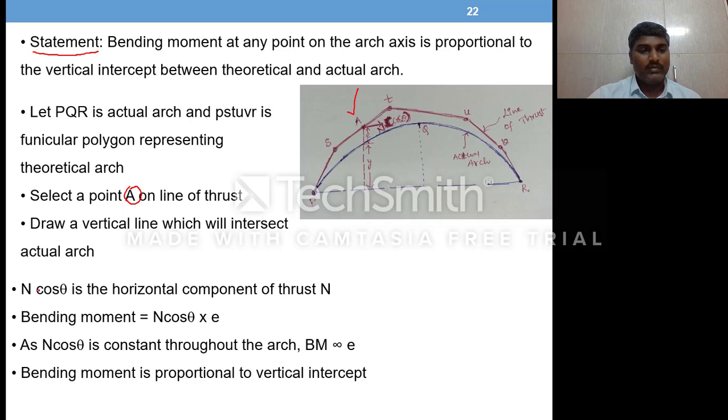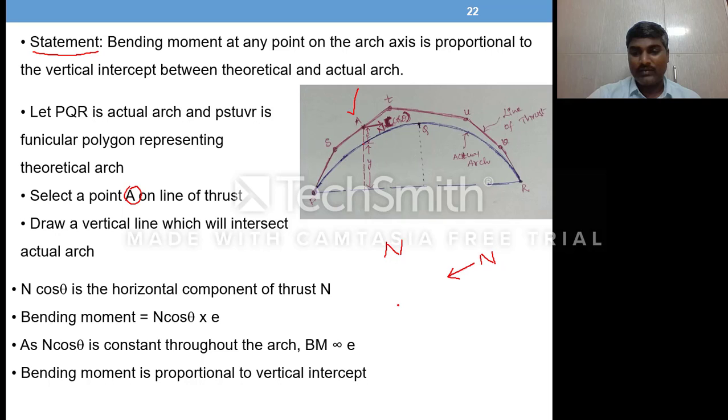Now let us see. N cos theta is the horizontal component of thrust N. The compressive force acting in this region is N. If you take a section here and separate this part and this part, we will redraw this portion.